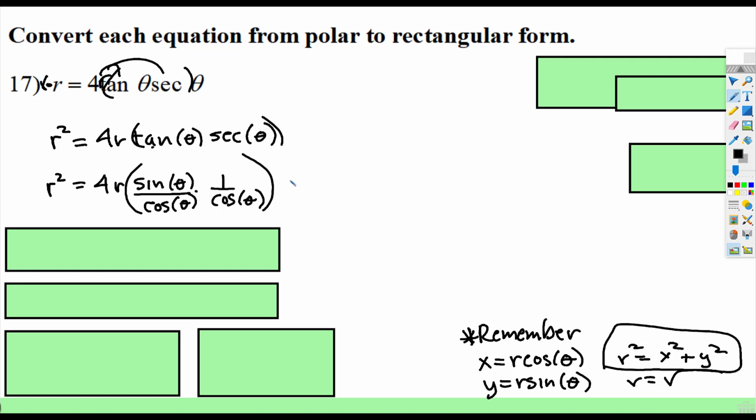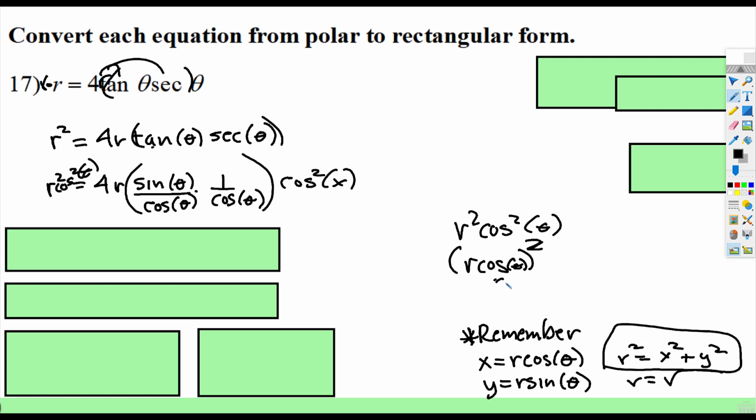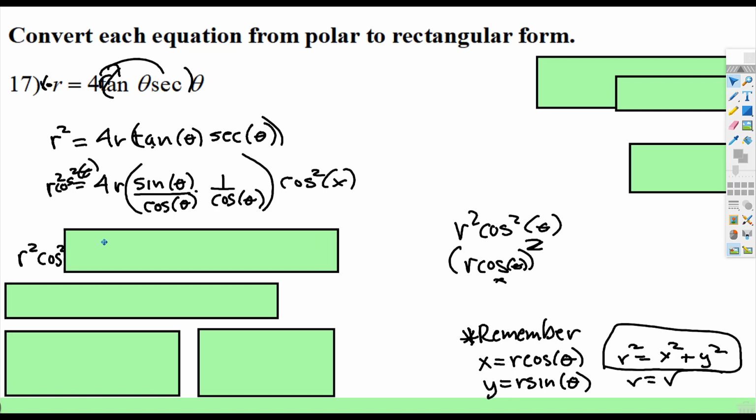Well, I want to get rid of this denominator, so I'm going to multiply both sides by cosine squared theta. Now that you have r squared cosine squared theta, think about that. That means the same as r cosine theta squared, and r cosine is x.